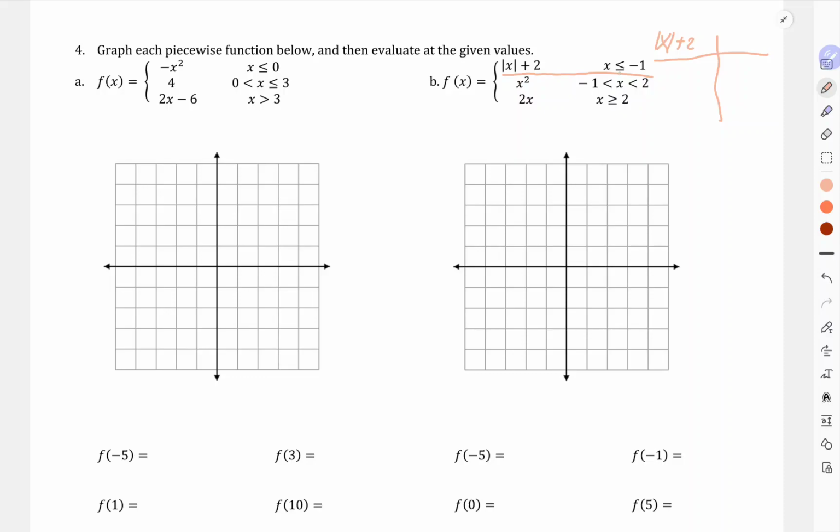Anyways, our domain is everything that is less than -1, right? Sorry, my bad. Yeah, everything that is less than -1.